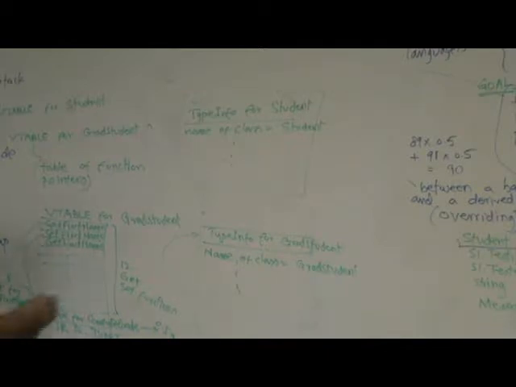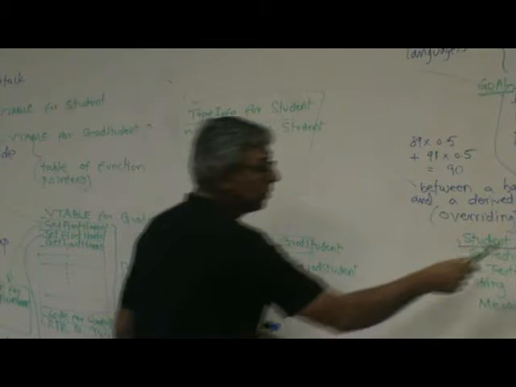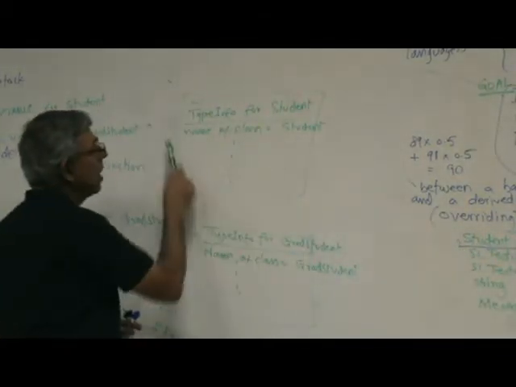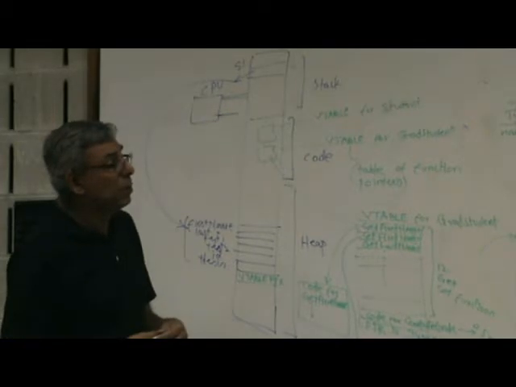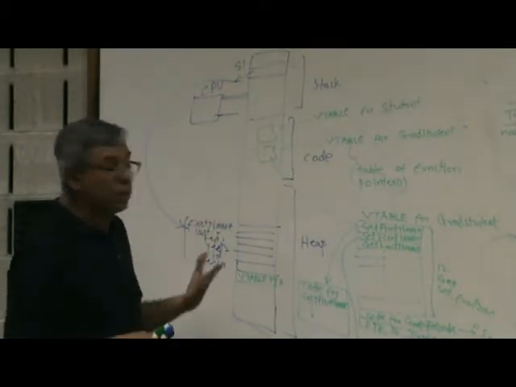So there's a lot of detail over here, which is maintained one time. It doesn't matter how many objects of the student or grad student you create. There will be a single copy of type info for each and every class in the code area, with each and every detail that we may want about that class.